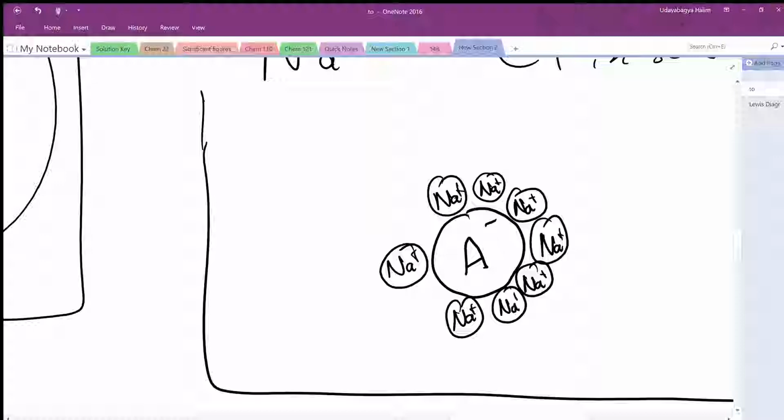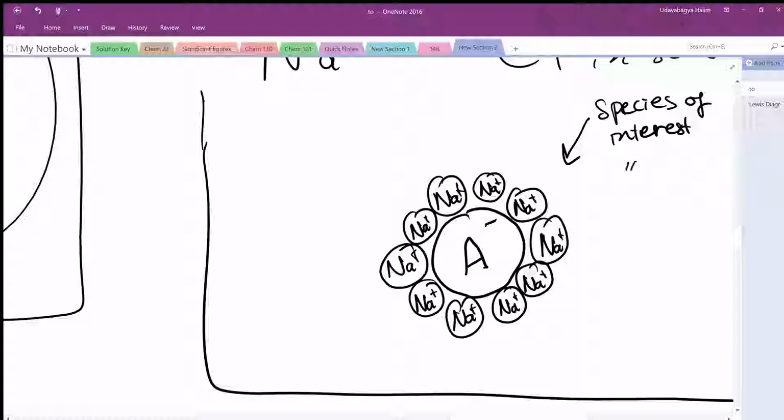This is obviously an exaggeration of the picture inside the solutions. The ions move around. But what it is that in solution, the more inert ion that you have, the species of interest is now shielded.